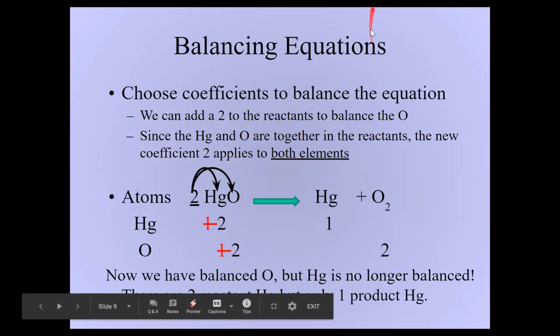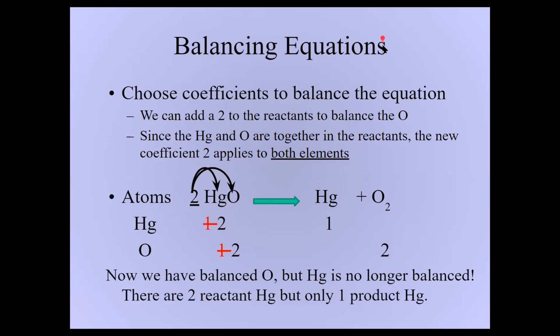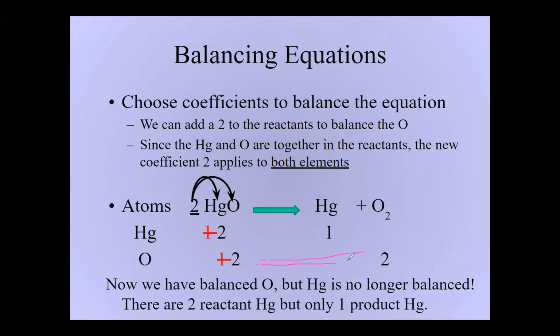So now our O's are balanced, right? We have 2 on the reactant side and 2 on the product side. Yay! Happy days, we did it.